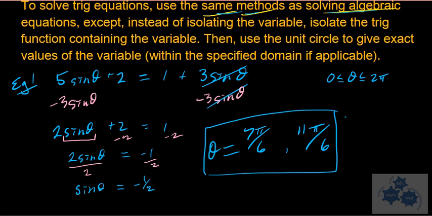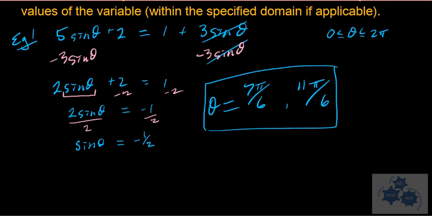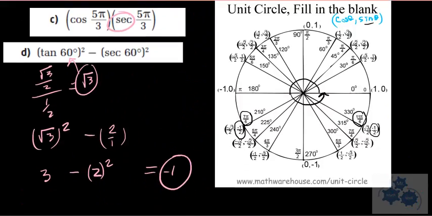Any questions? Yeah. Okay, if you're using the general form, if it didn't give you this domain and it just said general form, well, okay, this is going to be a bit tricky for general form. We can talk about it right now, though. How do you do general form for these two answers?